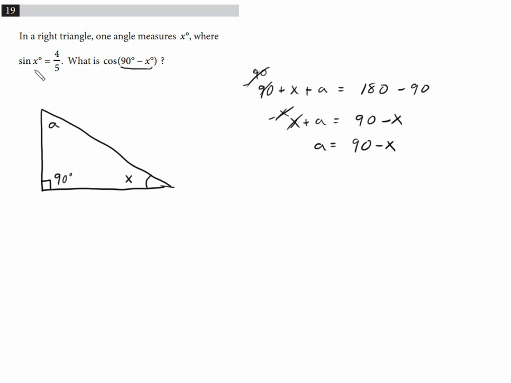And let's remember the basics of what sine and cosine mean. Here's a quick little trick. Well, let's start with what they mean. So the sine of x is the ratio of the opposite side from this angle to the hypotenuse.